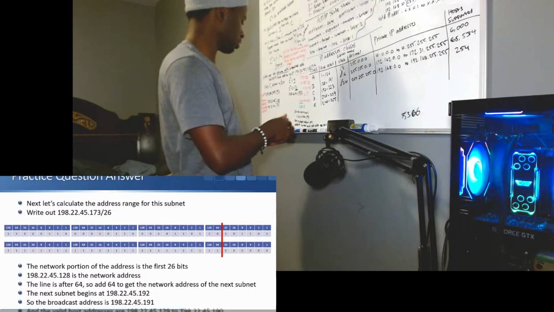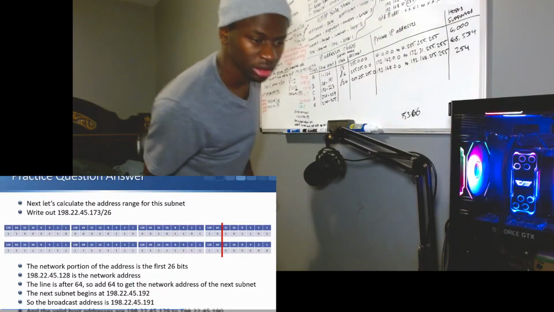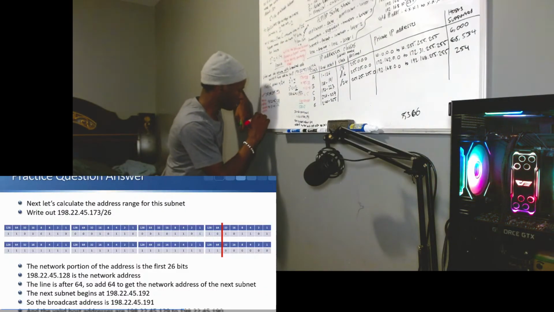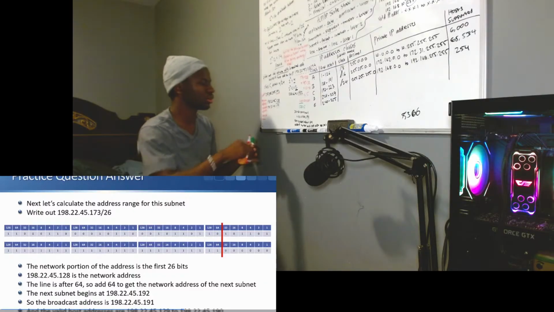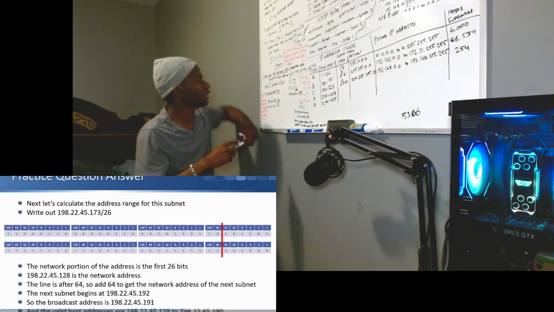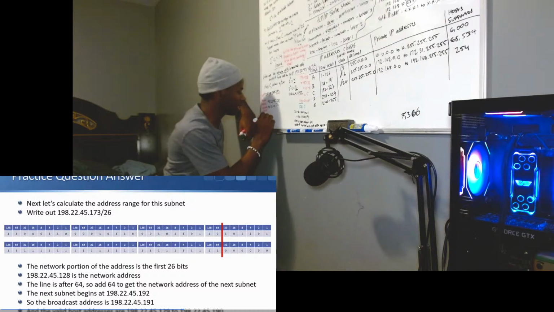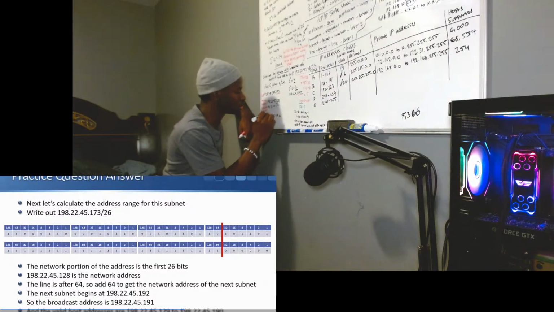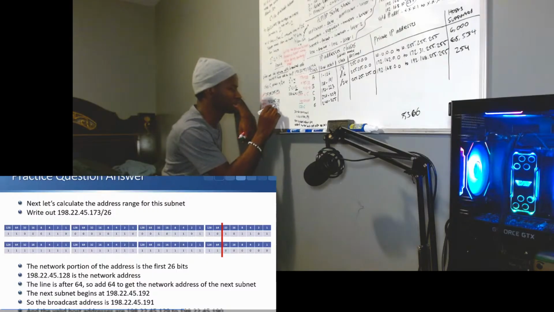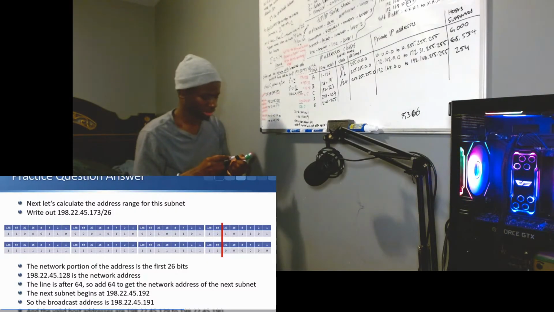The possible hosts go from 198.22.45.129 to 198.22.45.190.